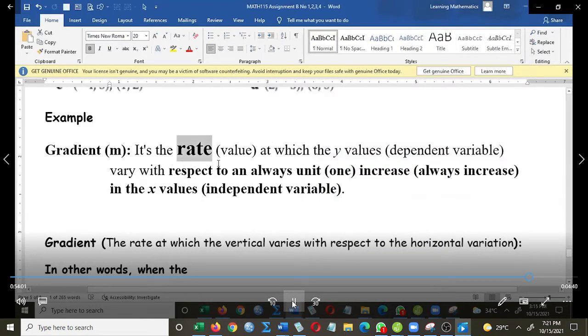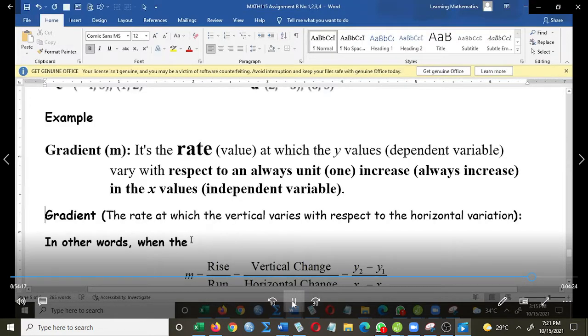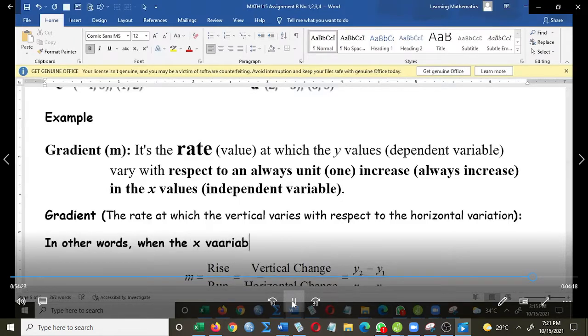So a gradient is the rate at which the y values, which are the dependent variable, vary with respect to the x, one against the other. Okay? In other words, when the x variable increases by 1, the y variable varies.